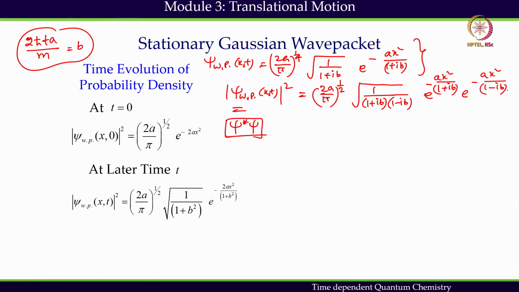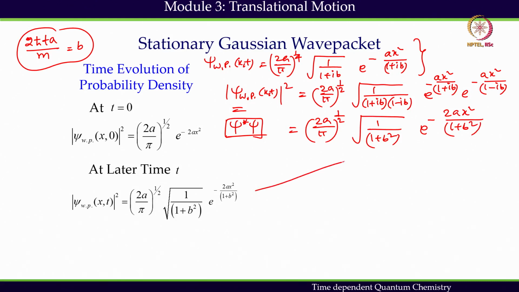This is the final wave packet form, and if I simplify this, I get 2a by pi to the power half square root of 1 by 1 plus b square, e to the power minus 2a x square by 1 plus b square. So, we get this expression.